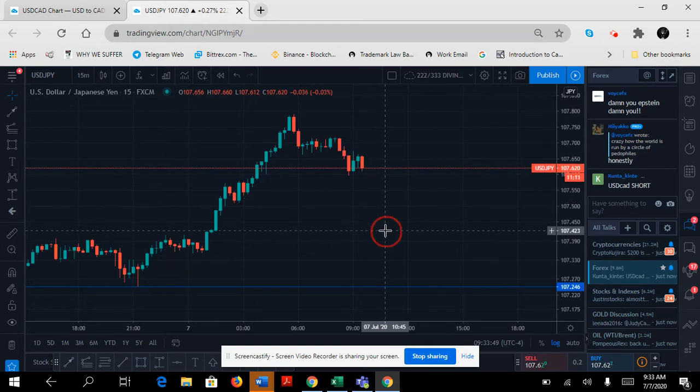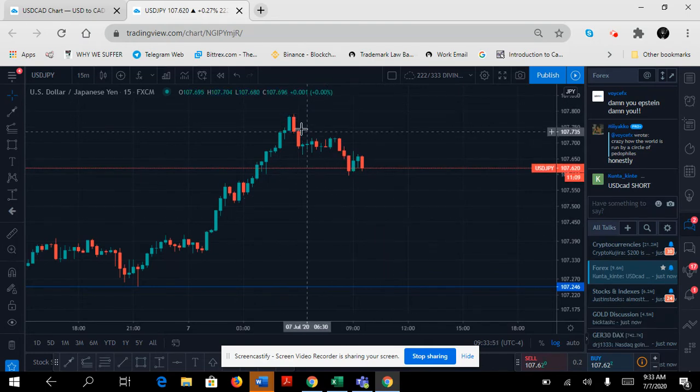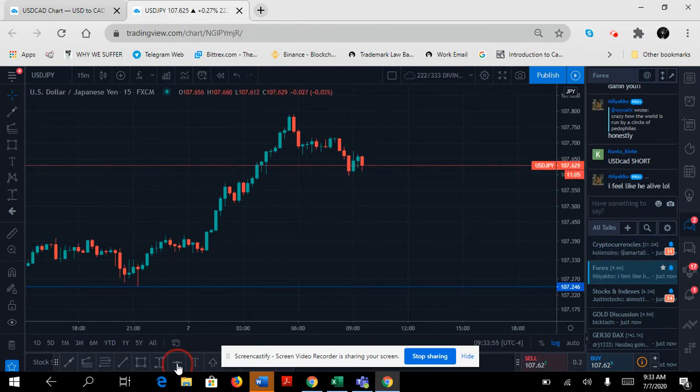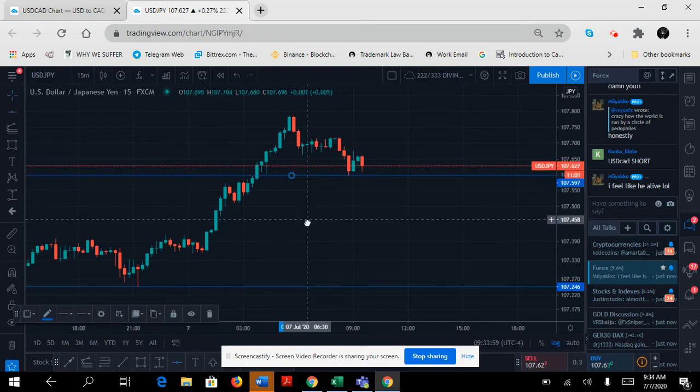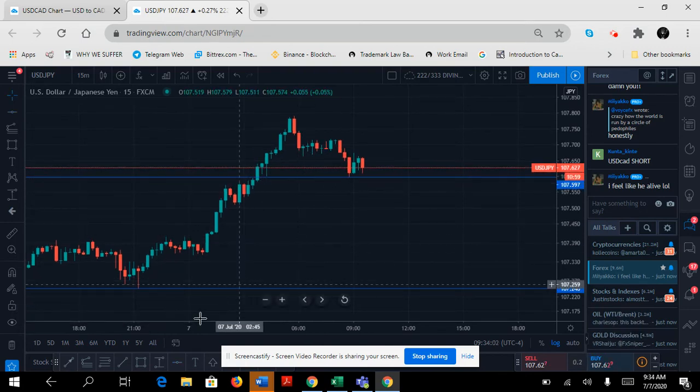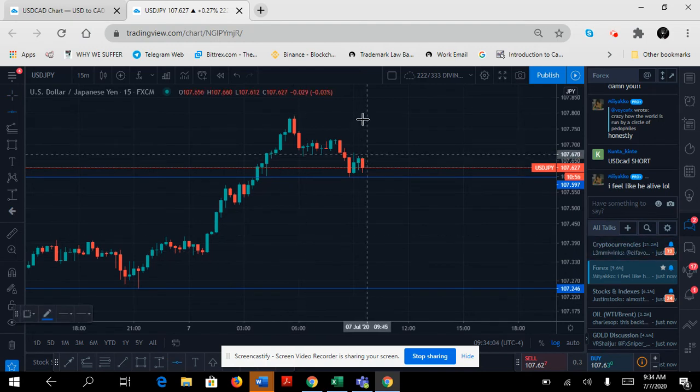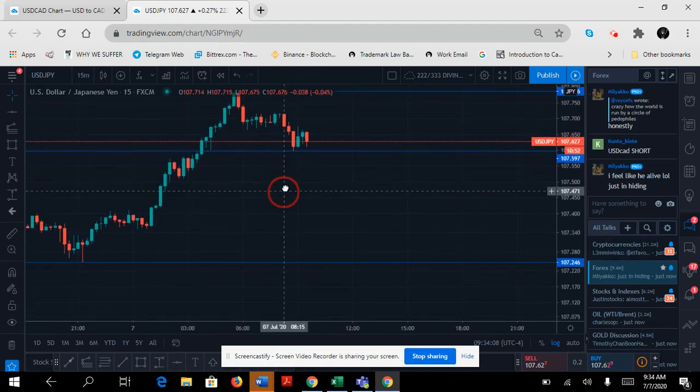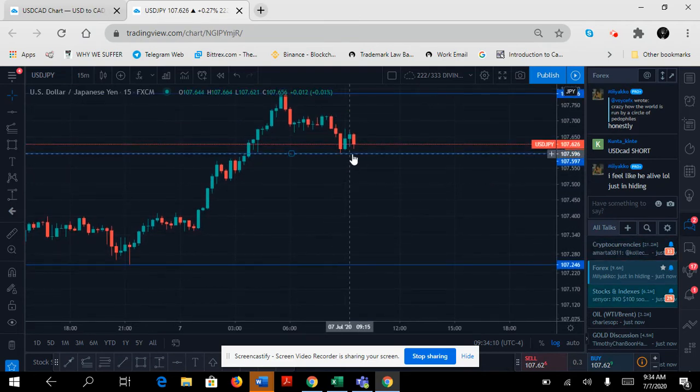So looking on 15 minutes, there's nothing to be done right now until we get a clear cut. We have this level right here that we need to figure out what's going to happen. And the ones who are conservative, what they do is they look for retests.